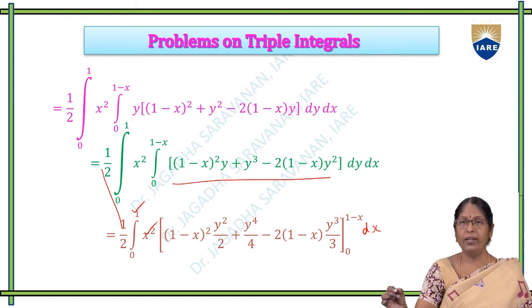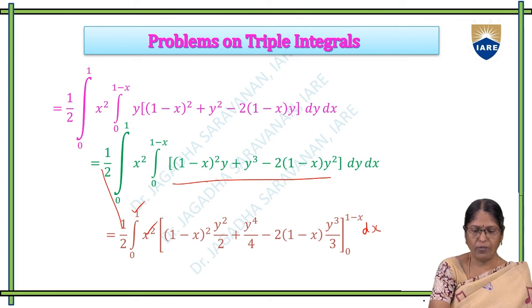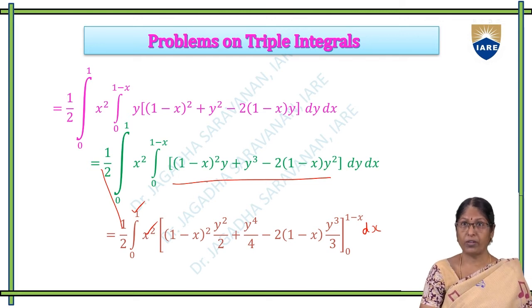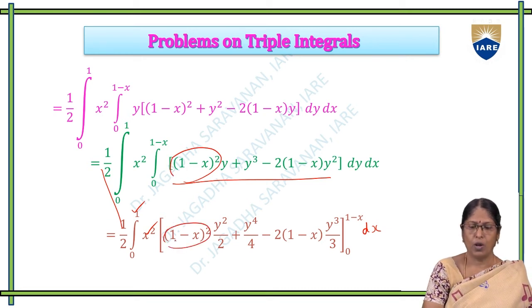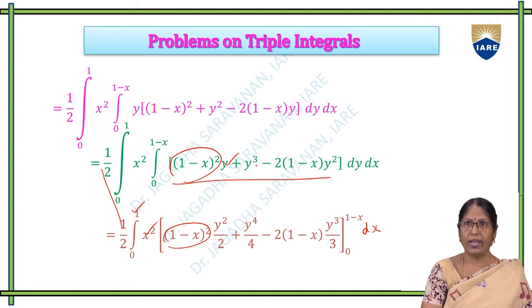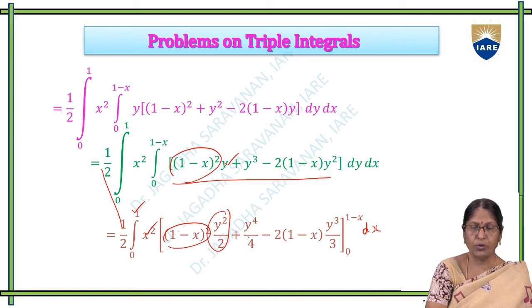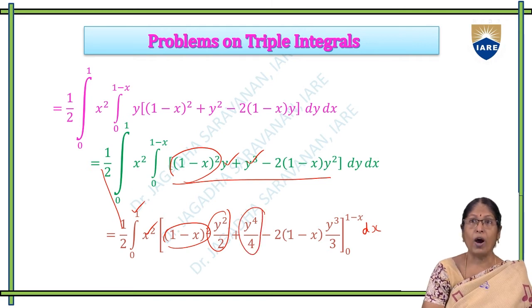In the integration, that is the middle integration, we concentrated with respect to y. So when we are concentrating with respect to y, this 1 minus x whole square is written as it is. The y integration is y square by 2, the y cube integration is y power 4 by 4.